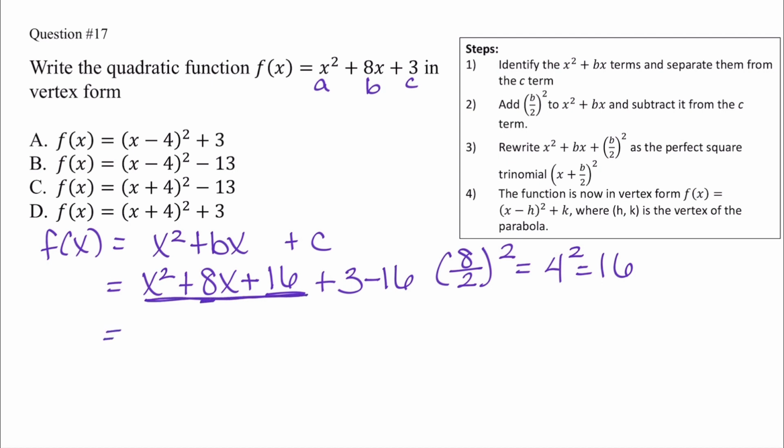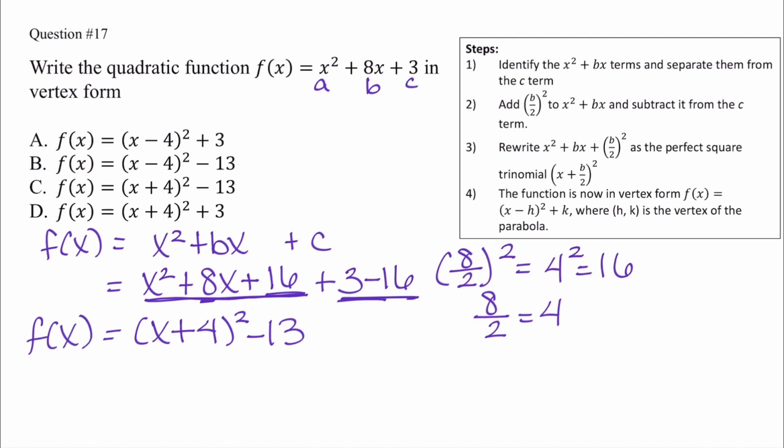Okay, it's a perfect square trinomial that can be written as x plus b over 2, right? B is 8, 8 divided by 2, which is 4. Okay, so it's x plus 4 squared, and then I have 3 minus 16, right? So 3 minus 16 is just going to be minus 13. Okay, so that's how I've transformed my equation into vertex form.